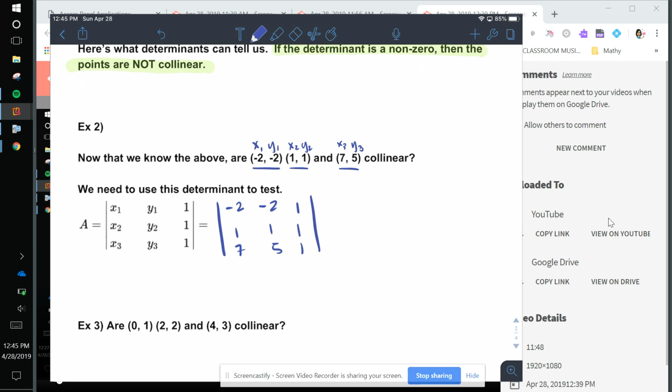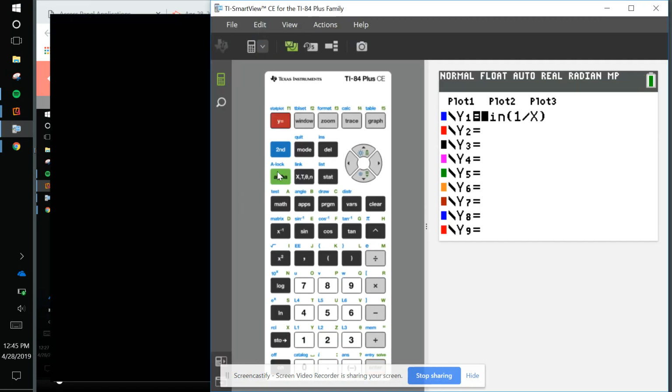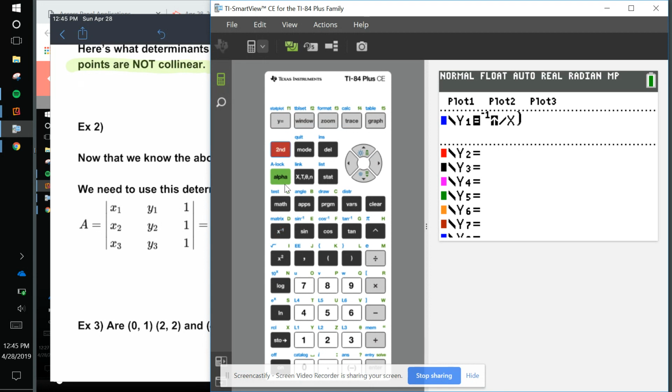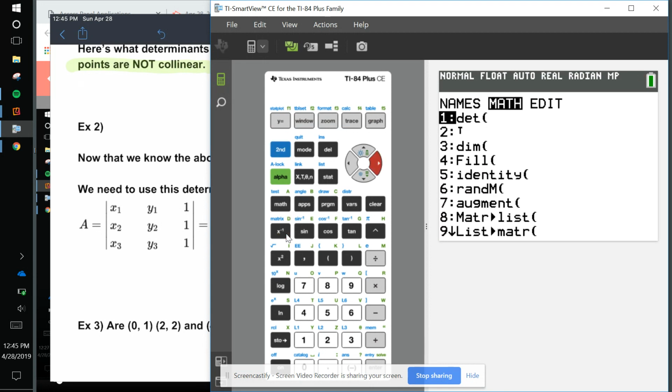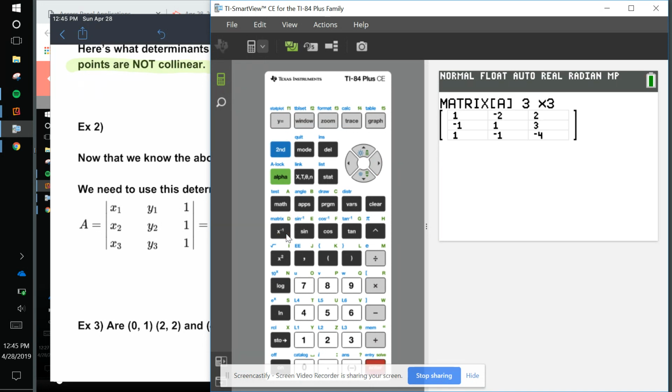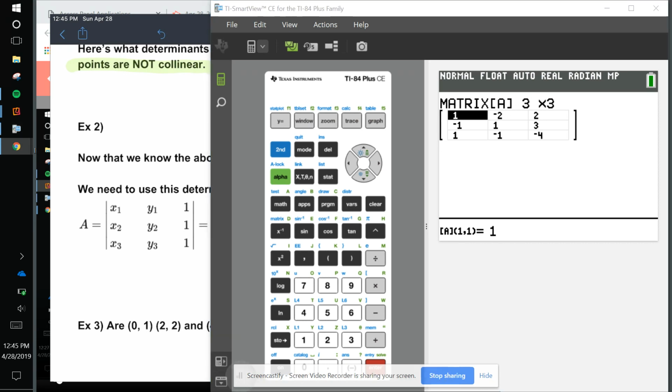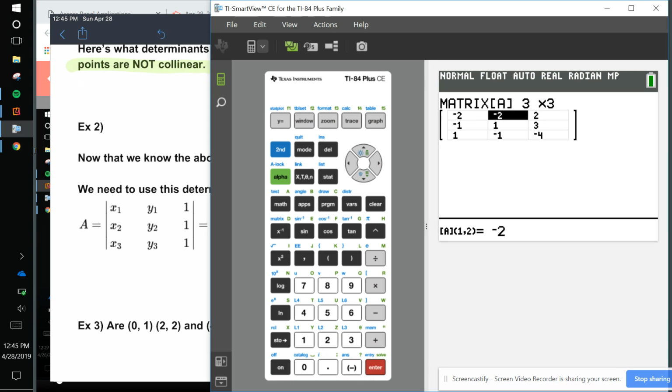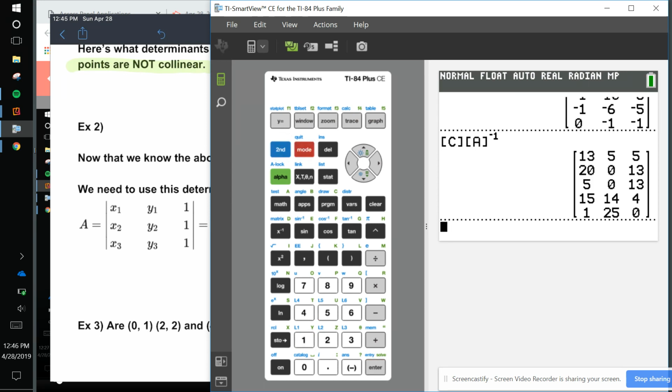So I'm going to use a calculator to do this. Love me a calculator. Go to second matrix. We're going to edit a 3 by 3. And this is going to be -2, -2, 1, 1, 1, 1, 7, 5, 1, and quit.